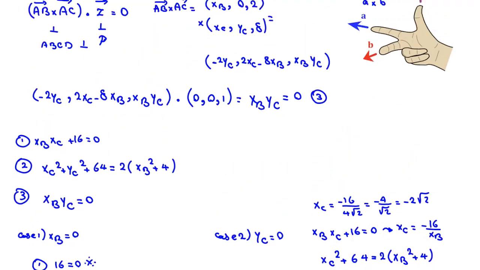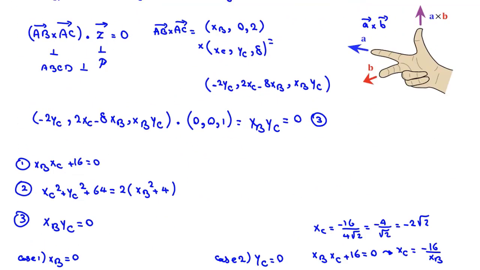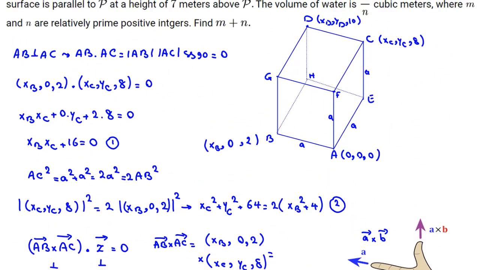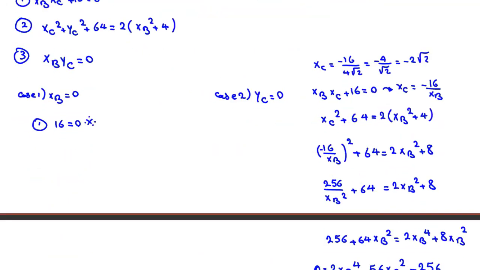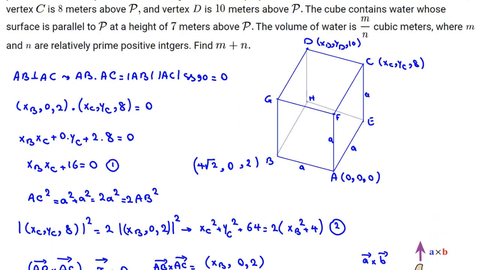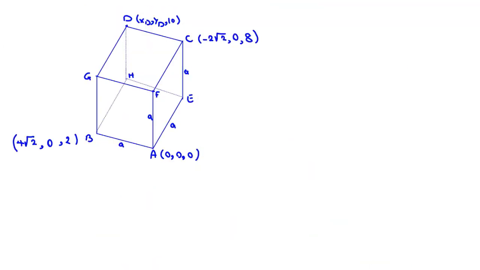Now we can replace in this figure xp equal to 4 root 2. So let's erase this part. xc, yc: yc is 0, xc is negative 2 root 2, 0, and 8.